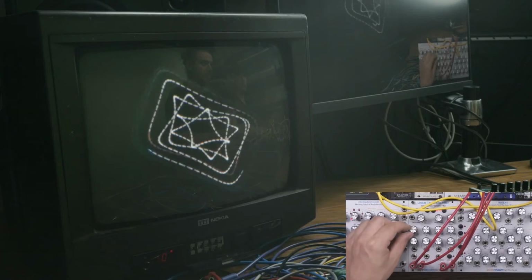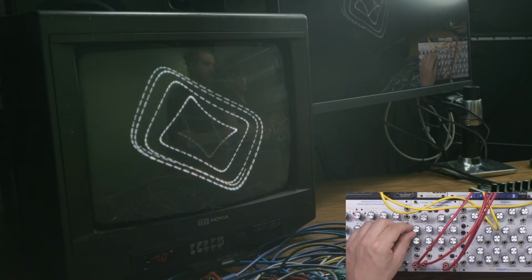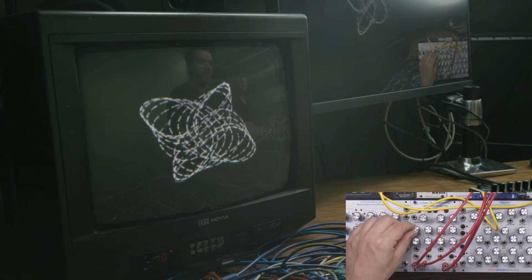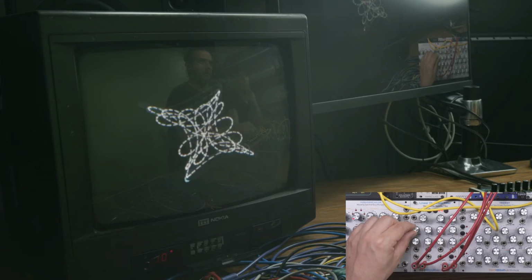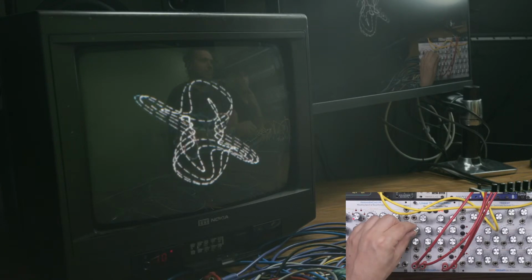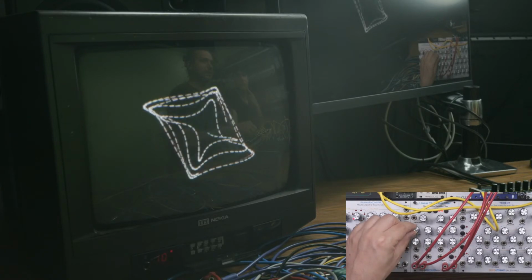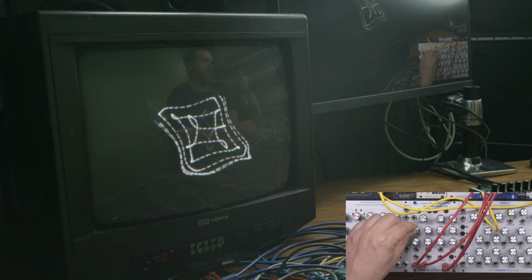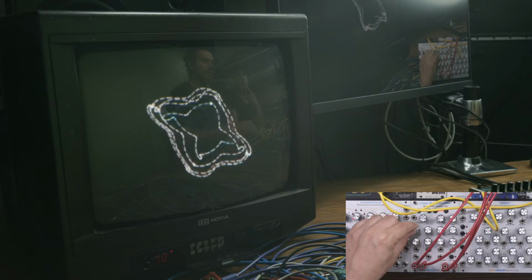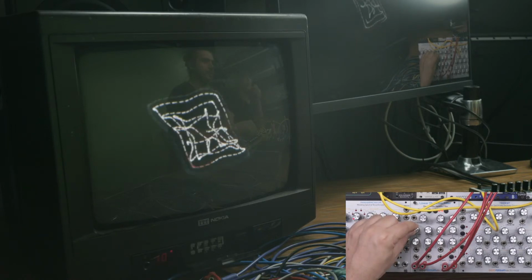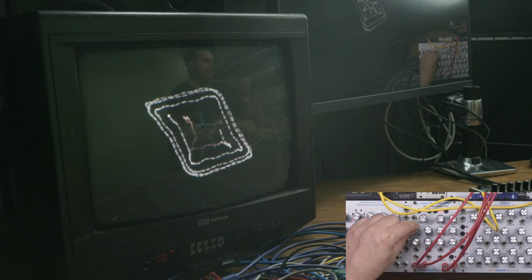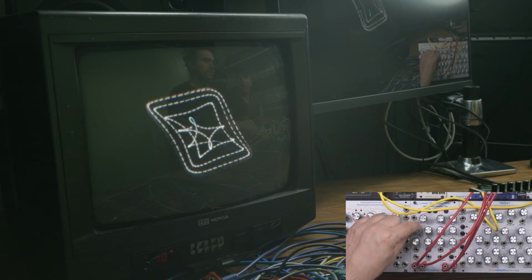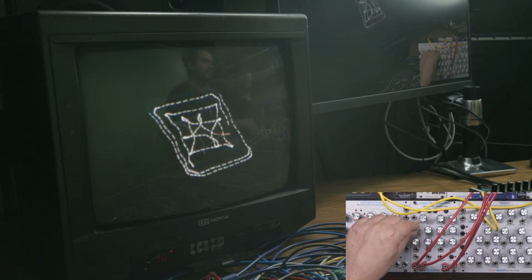So right now the image is going through Linnaeus, and if I start emphasizing certain frequencies with the resonant peak, you can see all these beautiful vector transformations happening. Yeah, and the patch is pretty simple still. Like, we're not hardly using any modules.